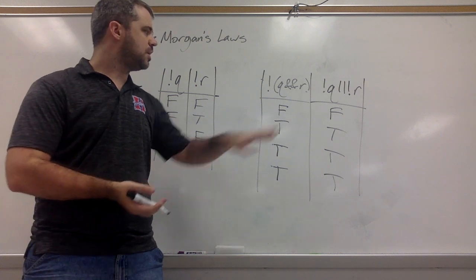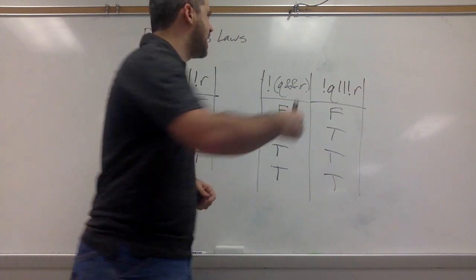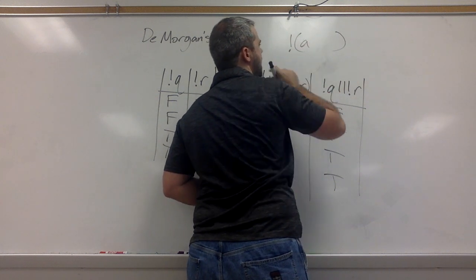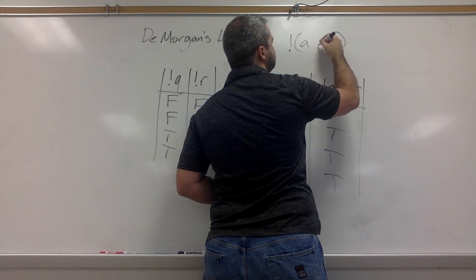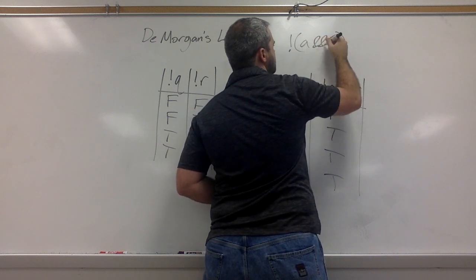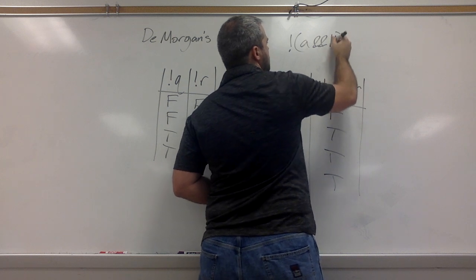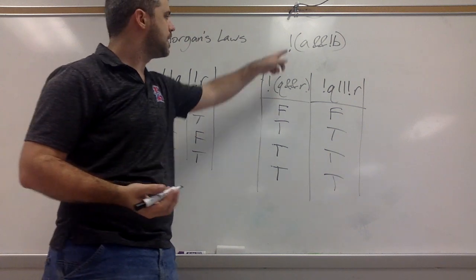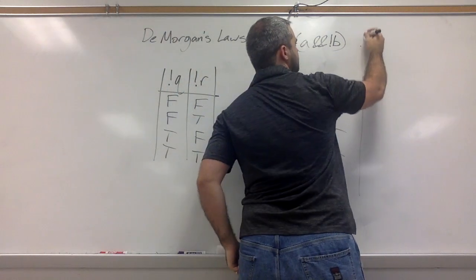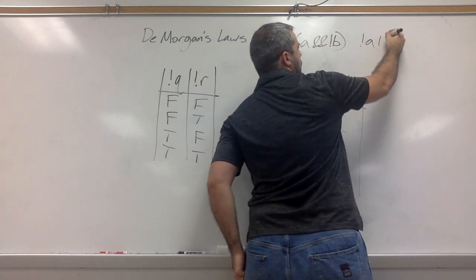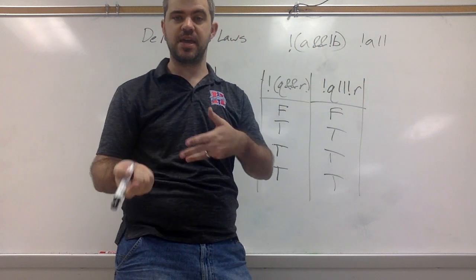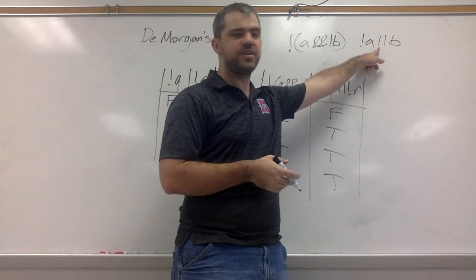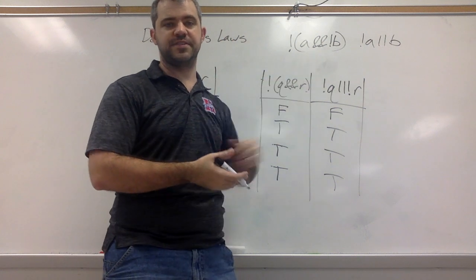So let me give you another example of this law in action. Let's say I had not A and not B. So what I would do, I would negate the A, I would turn this into an or, and I would negate the not B and turn it into B. Do you see how this statement is much simpler than this statement?